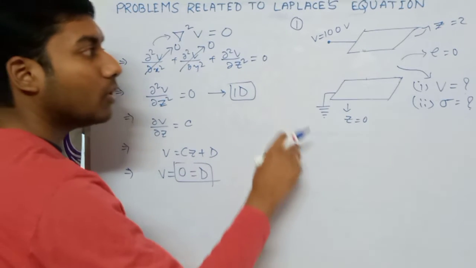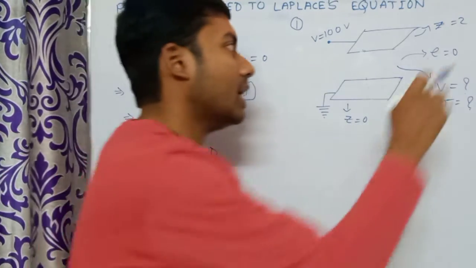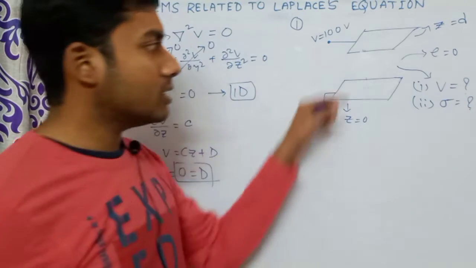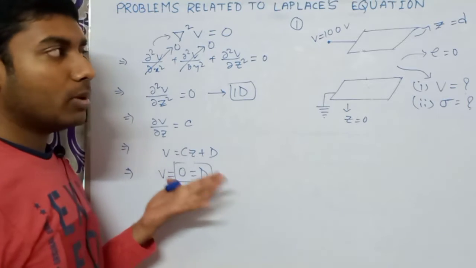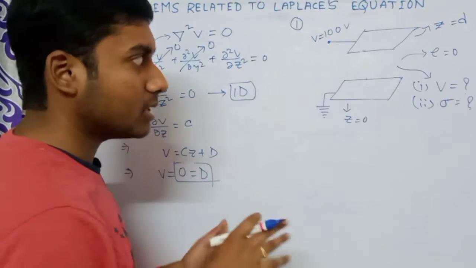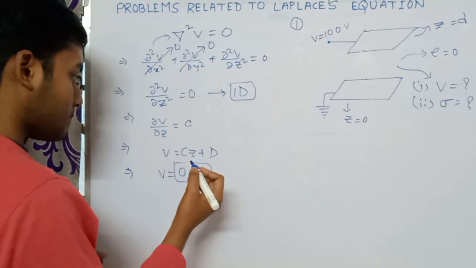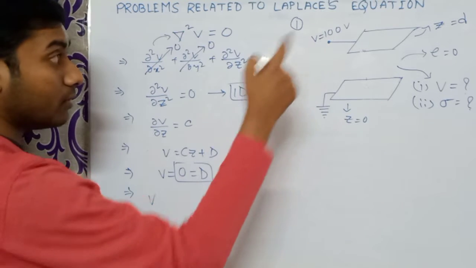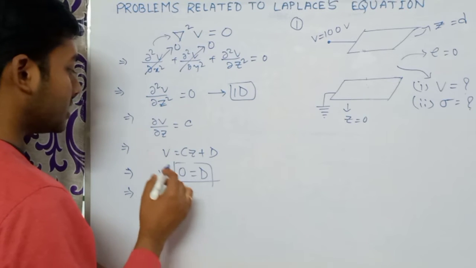Now at z equal to 2, for your better understanding, suppose this is not 2, this is a variable, suppose this is distance d. The value of d you can put from your given question. I am just keeping d constant. Now at distance d, at z equals d, v is equal to 100.